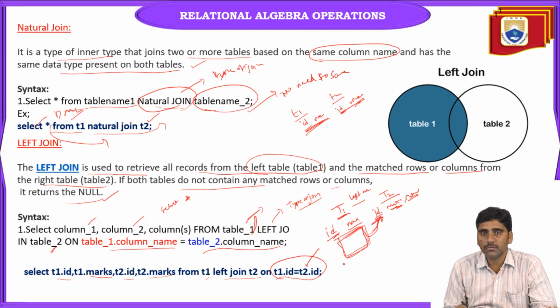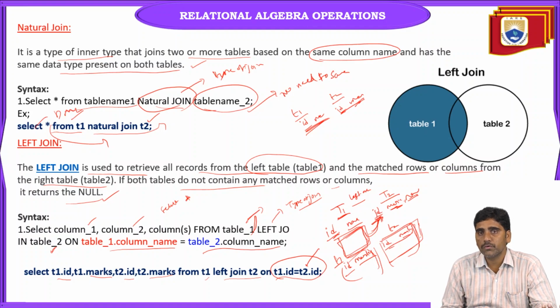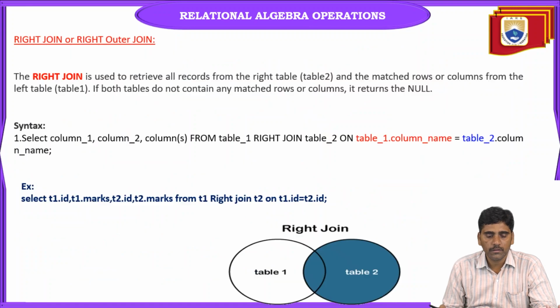From this we retrieve the id and marks from table 1 and the id and marks from table 2. Both will be displayed. That is about left join. But the unmatched rows from the right side, table 2, will not be displayed.